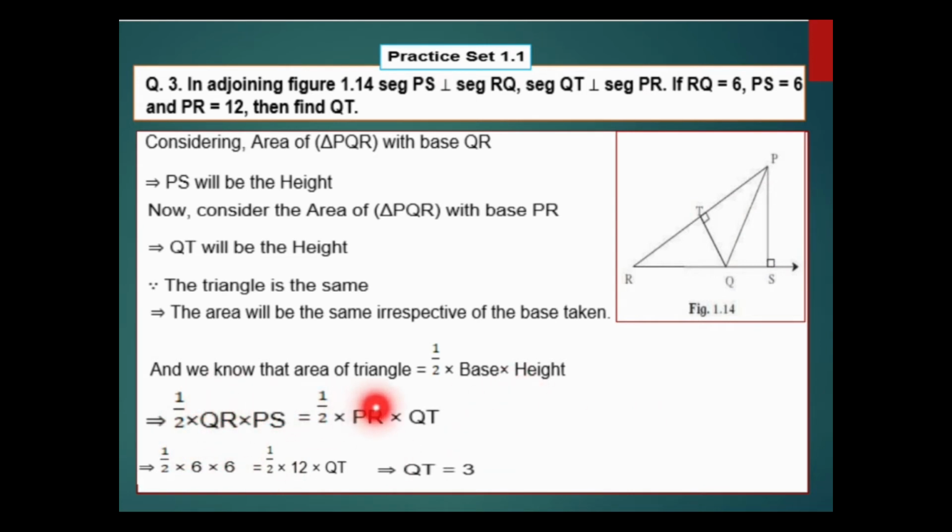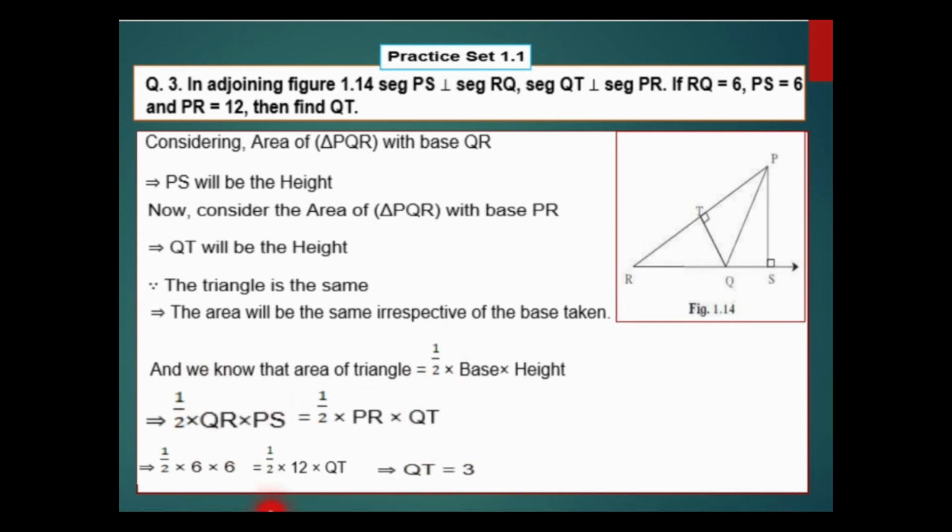We know that area of triangle equals half into base into height. So we write here half into QR into PS. So we consider here this QR as base and this PS as height. So we write half into QR into PS equals. Next time we consider here PR as its base and TQ as its height. So we write this as equals 1 by 2 into PR into QT.